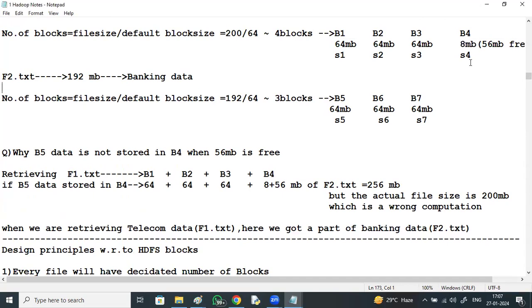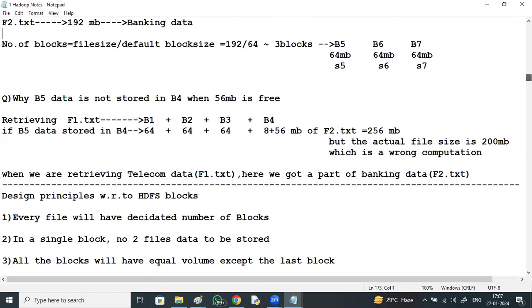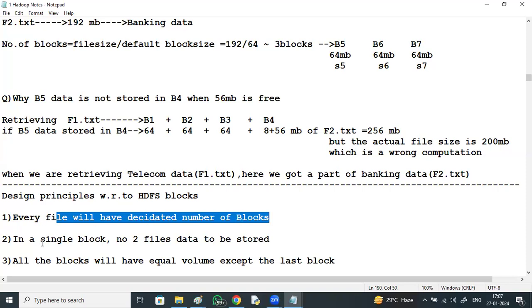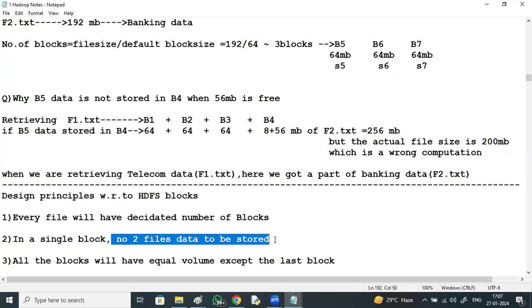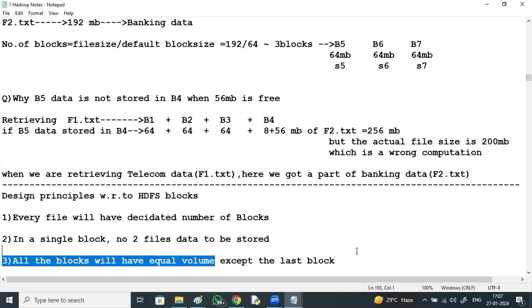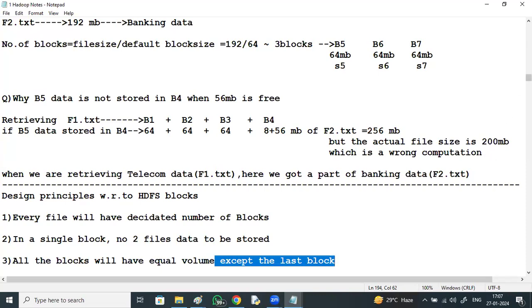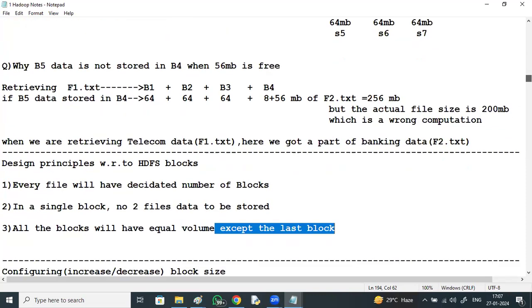See the design principles: every file will have a dedicated number of blocks; in a single block, no two files' data can be stored; all the blocks will have equal volume except the last block. These are the design principles with respect to HDFS.